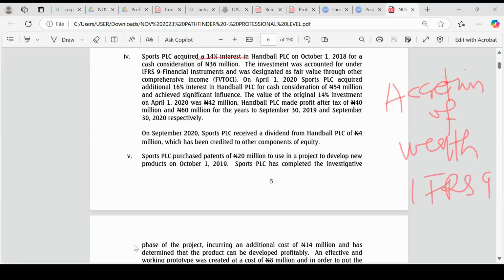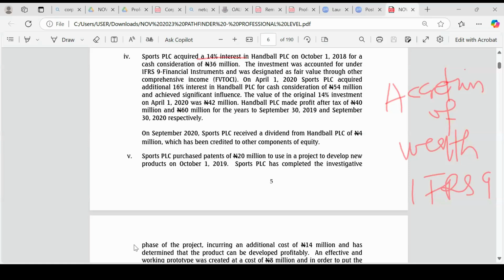Okay, we're told the investment was accounted for under IFRS 9, just like I mentioned, financial instrument, and was designated as fair value through OCI. On April 1, 2020, Sport PLC acquired an additional 16% interest in Handball PLC for a cash consideration of 54 million and achieved significant influence.